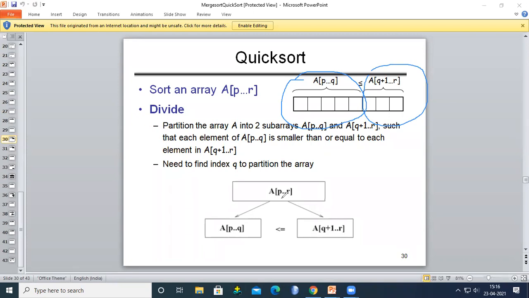That is why in A[P..R] we need to find the index Q, such that at Q we can divide the entire array into two parts. The first part is A[P..Q] and the second part is A[Q+1..R]. In this way, we are dividing the entire array into two subarrays. We are partitioning. That is the divide.